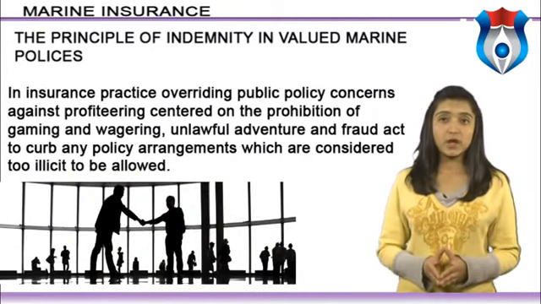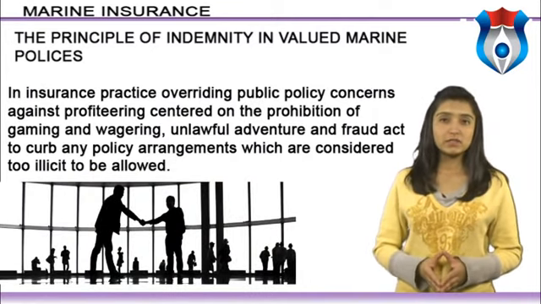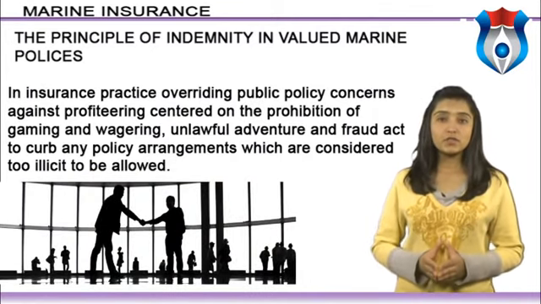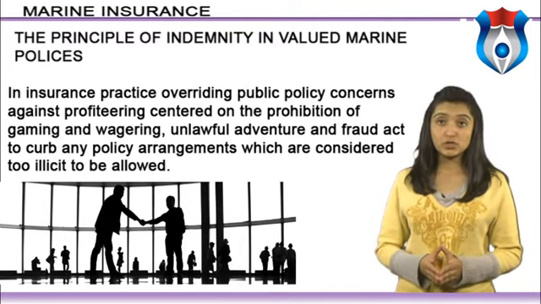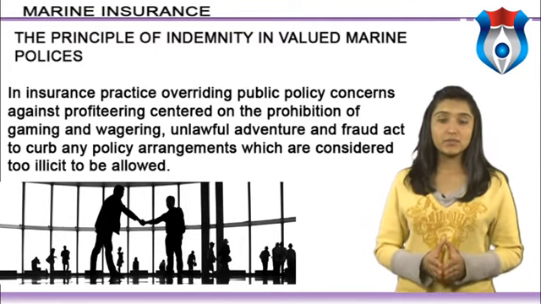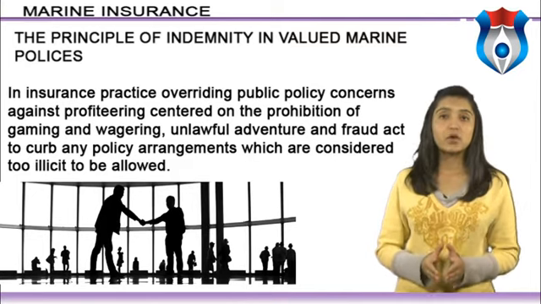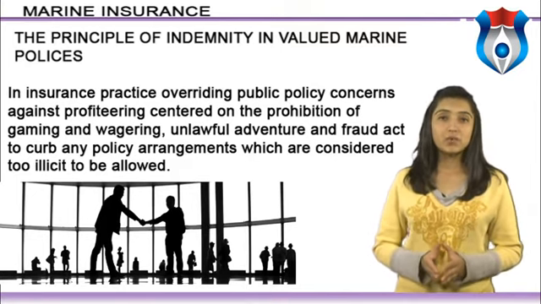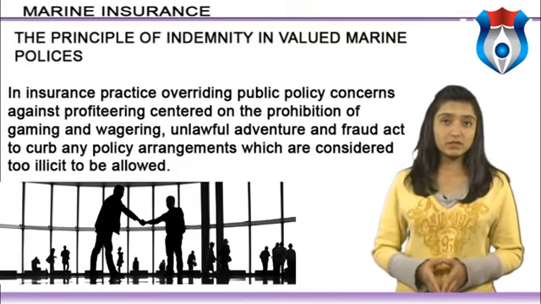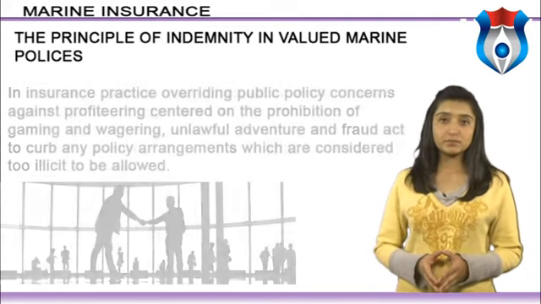In insurance practice, overriding public policy concerns against profiteering, centered on the prohibition of gaming and wagering, unlawful adventure and fraud, act to curb any policy arrangements which are considered too illicit to be allowed.